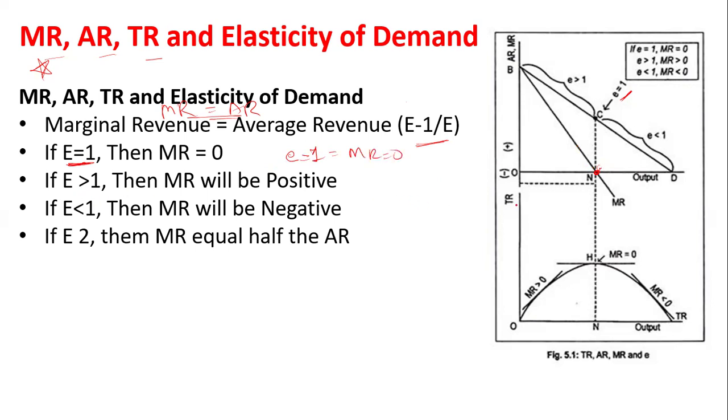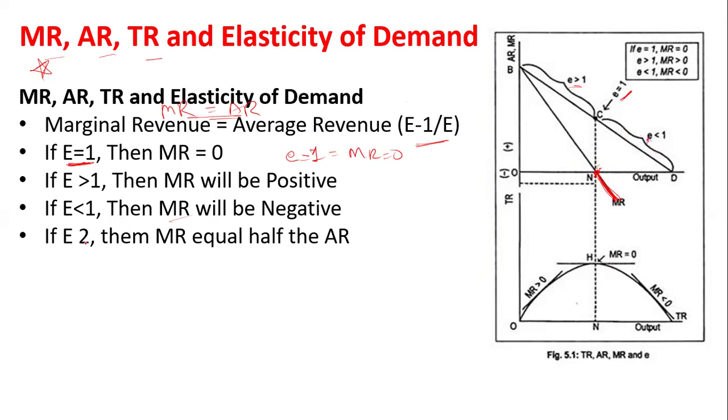If elasticity is greater than 1, then MR will be positive. If elasticity is less than 1, then MR is negative.